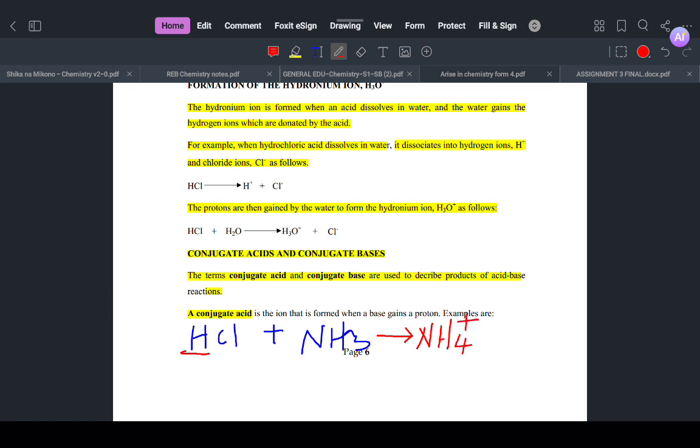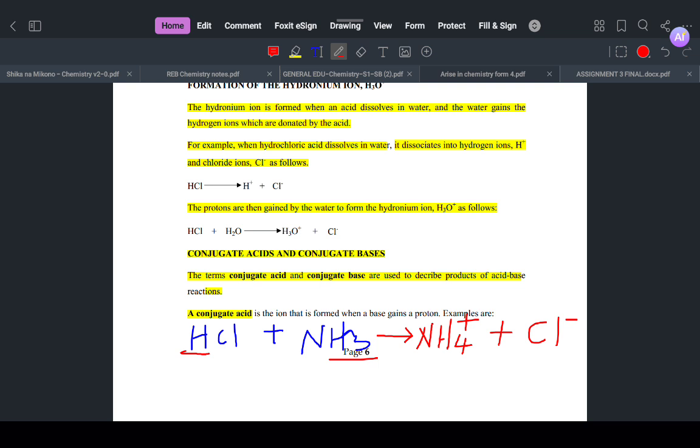Look at what has happened to the number of hydrogens. It has gone up by 1, and we have indicated the overall charge on the product. After the HCl, the hydrochloric acid, has donated its hydrogen ion or proton, what will remain of it is the Cl-, which is a chloride ion. I hope we are together there.